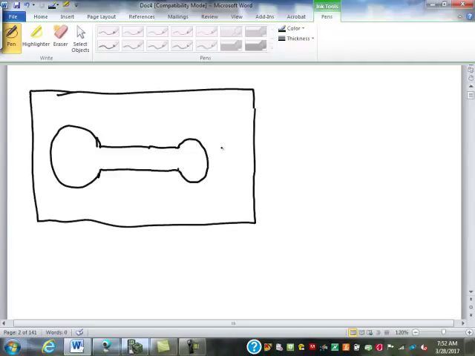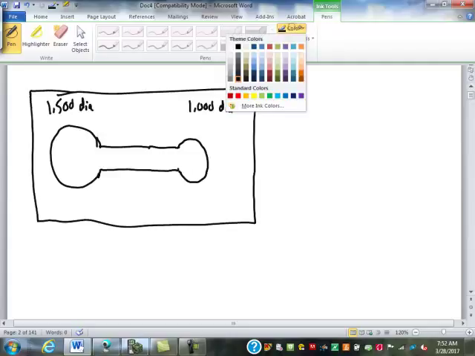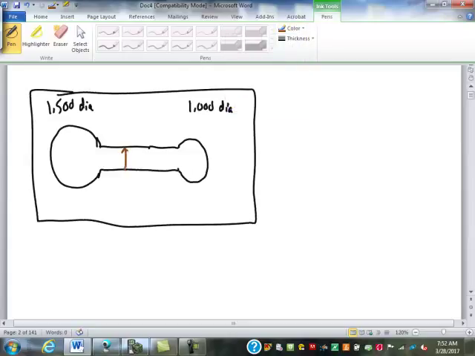So for number 12 here, we have a 1-inch diameter circle on this end, a 1.5-inch diameter circle on this end. We are given 0.588 across here.